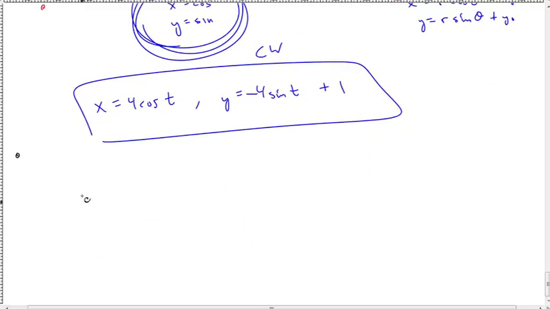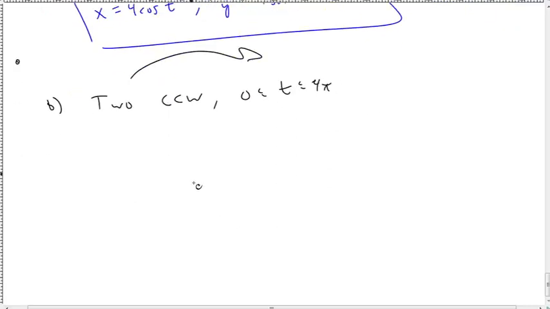Okay. So if that's a little weird, I know, let me do part B and part C. It's kind of the same style. So we got 2 rotations, both counterclockwise, and again going from 0 to 4π. Well, this is easy. 2 times, 0 to 4π makes complete sense. They're saying counterclockwise, and I think we're starting at the same point. And so we're doing this, and we're doing one more time.